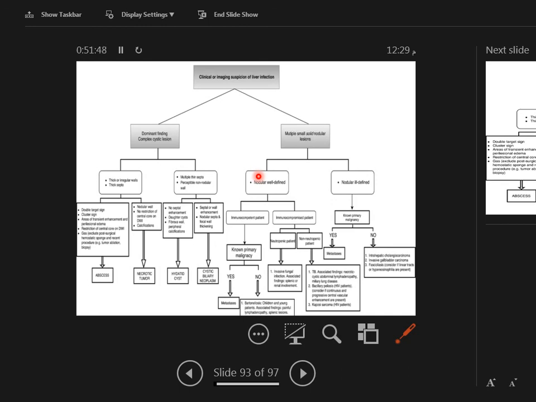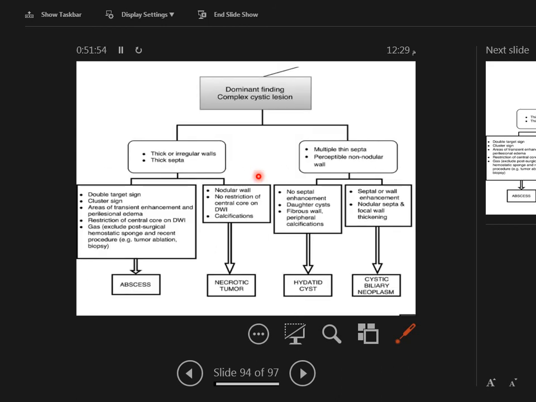It's the most important. We have either cystic or solid mass. If we have a complex cystic lesion, with either thick irregular wall or thick septum, it will be either abscess or necrotic tumor. If it's abscess, we have double target sign, cluster sign, and area of transient enhancement around an abscess. Gas, if it's present, is characteristic for an abscess.